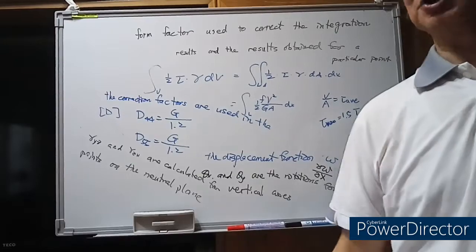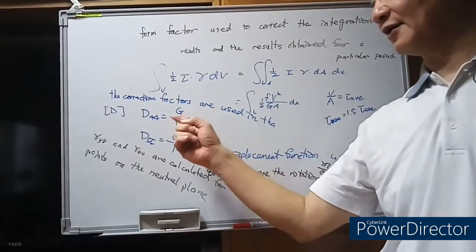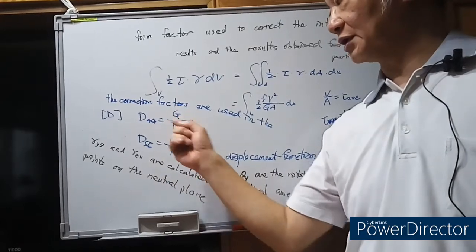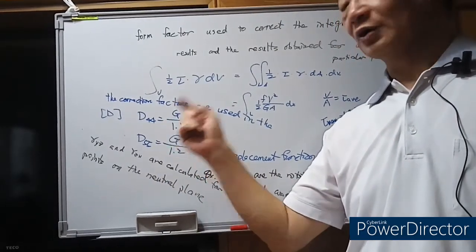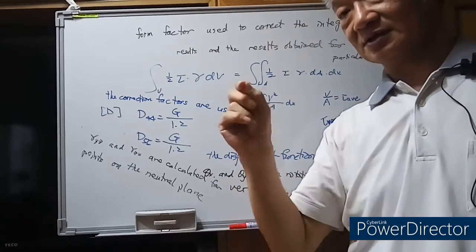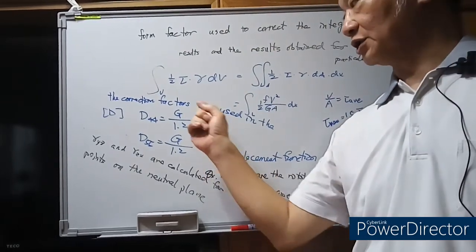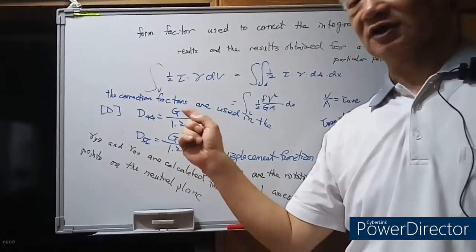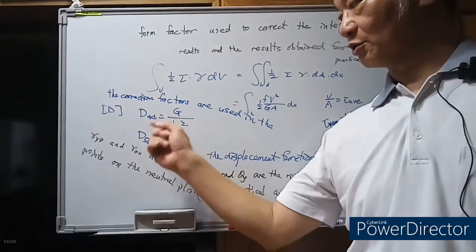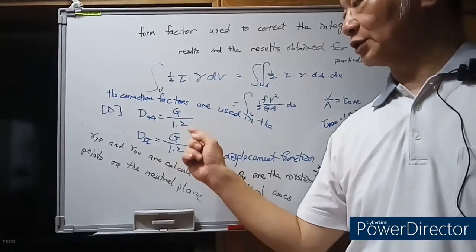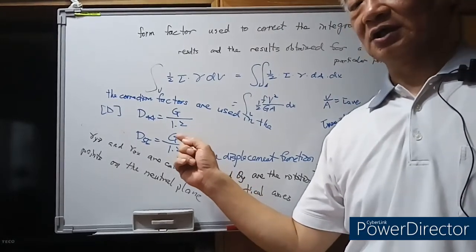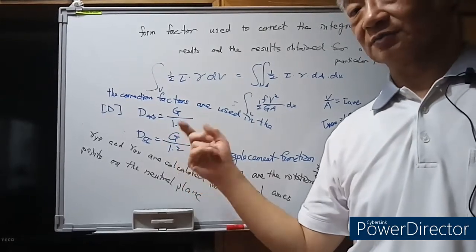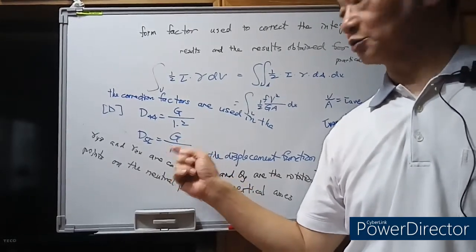And for these two vertical shear strains, when we define the elements in the D matrix, we need to divide the G value by 1.2 for the D44. And also for the D55, we need to divide the original shear modulus for the material by 1.2.